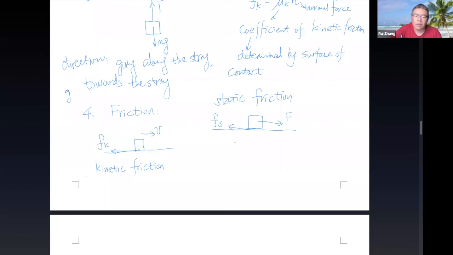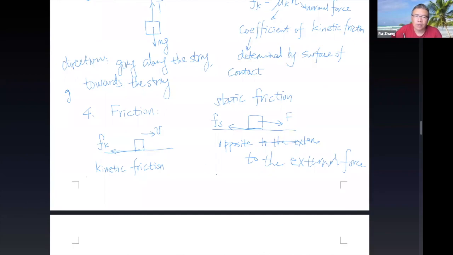So it is opposite to the external force. And also the magnitude: because this object stays at rest, these two forces have to balance each other.